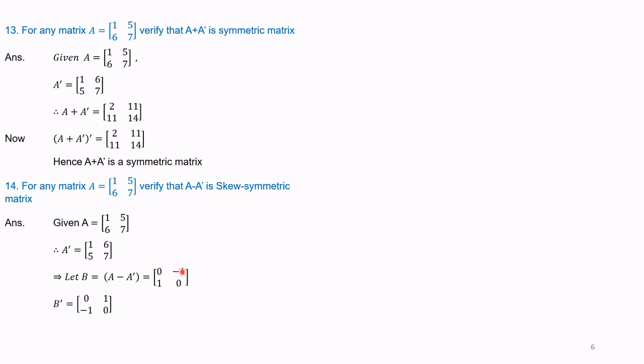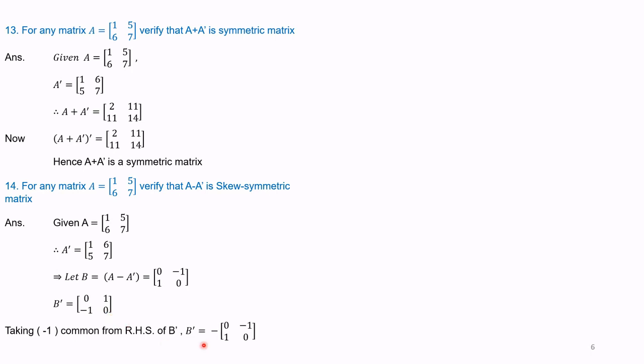That is, 0, minus 1 becomes a column and 1, 0 becomes the second column of B dash by transposing. Therefore, taking minus 1 common, it becomes [0, -1; 1, 0].